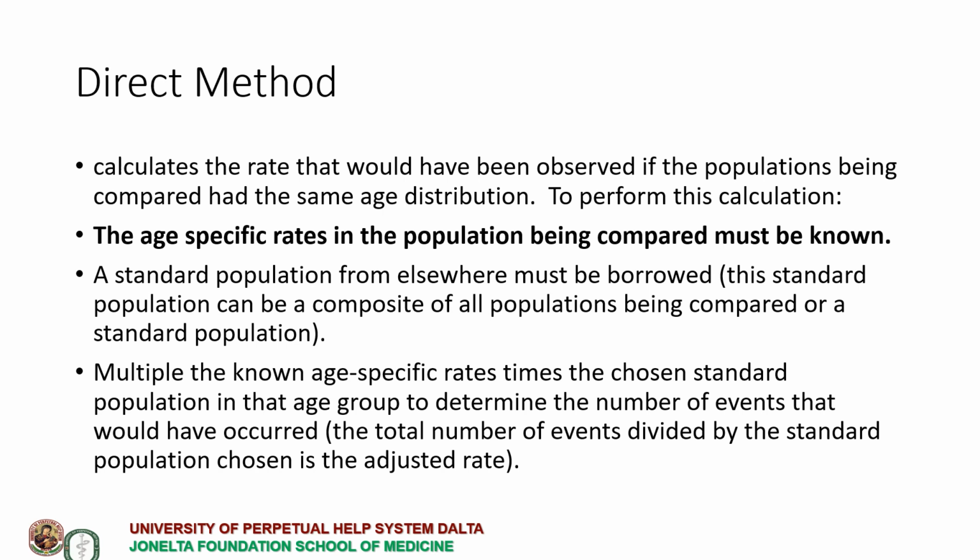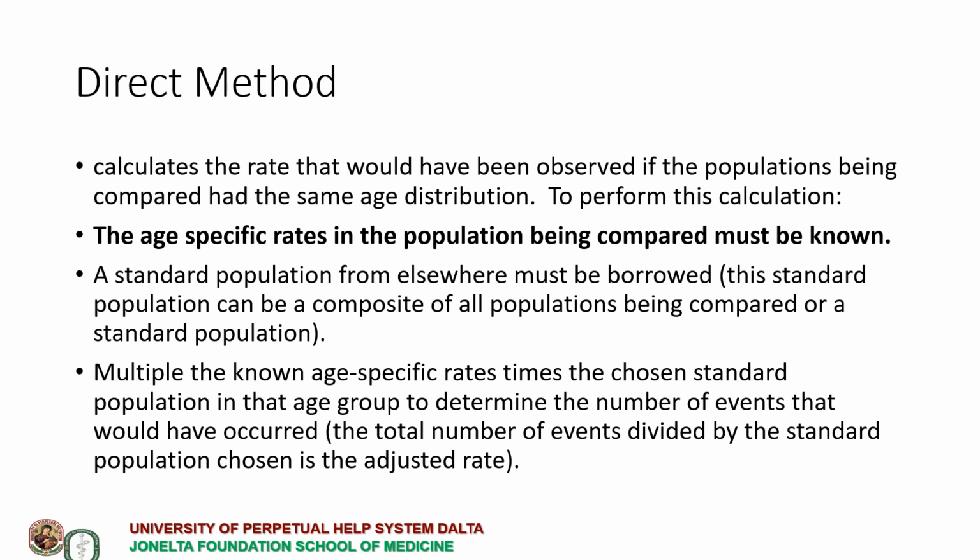So you could use the direct method, which calculates the rate that would have been observed if the populations being compared have the same age distribution. To perform this calculation, the age-specific rates in the populations being compared must be known. A standard population from elsewhere must be borrowed and can be a composite of all populations being compared or a standard population.